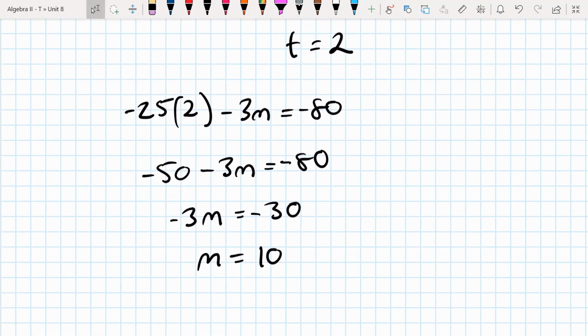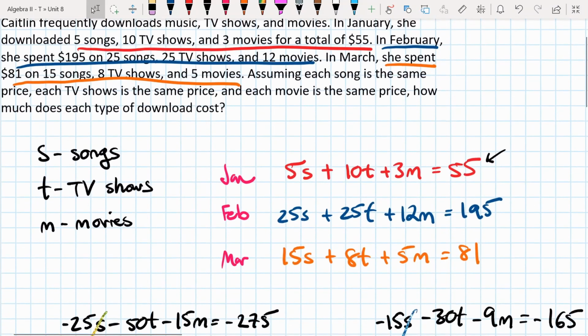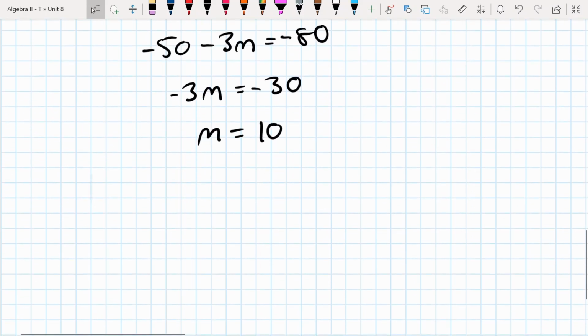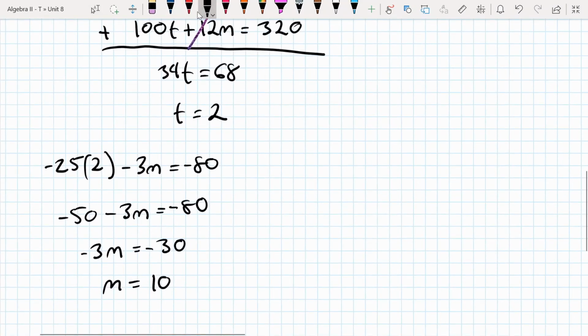And I think the first one's probably the easiest, so I'm just going to scroll up so you can see it. This one, again, is probably going to be the easiest one to use. So let's plug t and m into that first equation. So 5 times s. My 5's and s's look very similar.